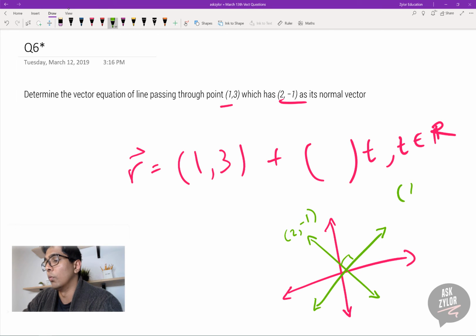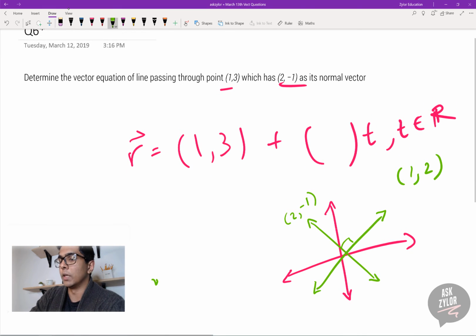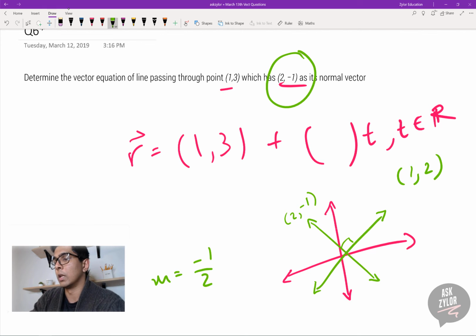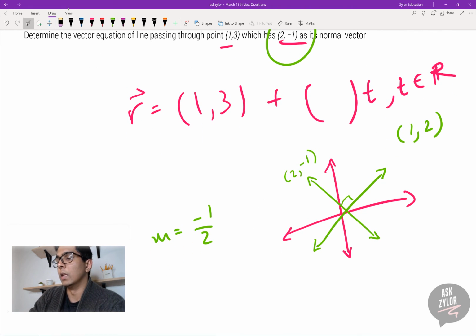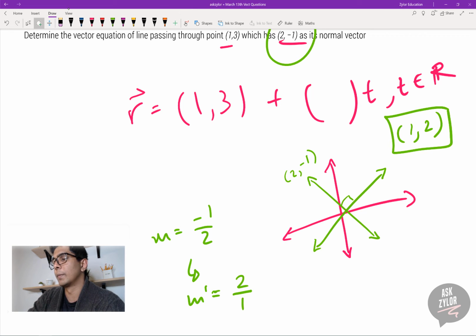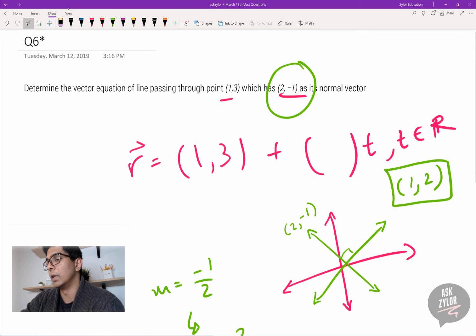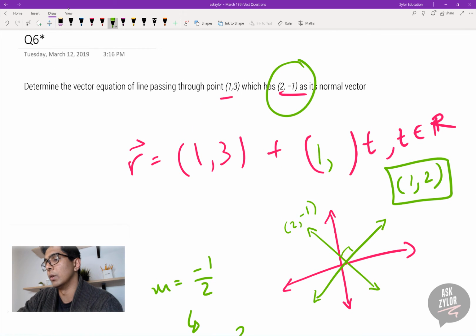So just to illustrate that, my slope is going to be -1/2, given by (2, -1). And then the negative reciprocal of -1/2 is going to be 2/1, which is shown by this. So what's my direction vector going to be? It's simply going to be (1, 2).